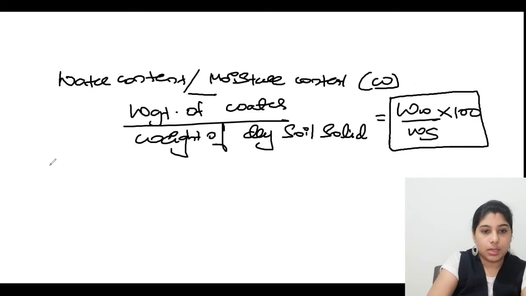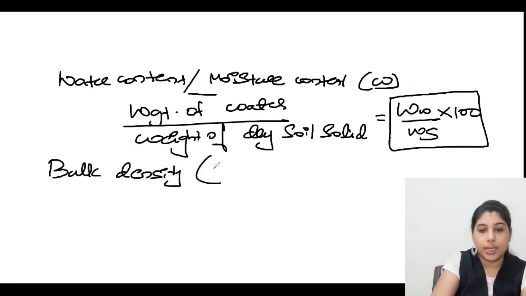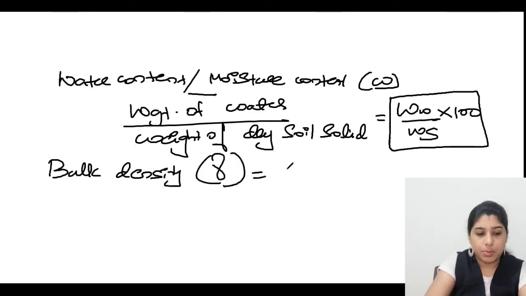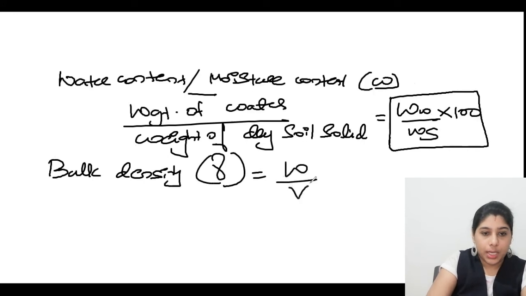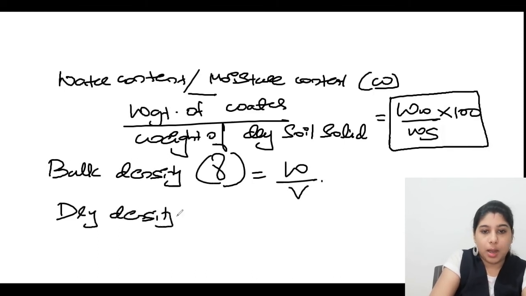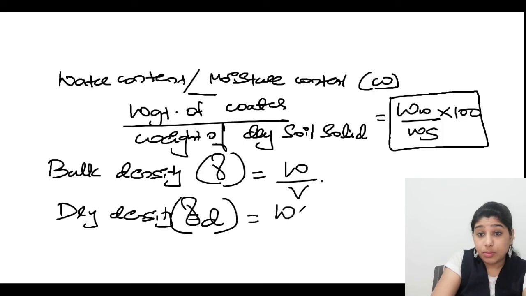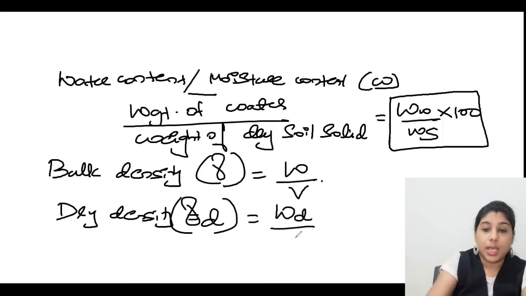Next one is bulk density. You know what is density? It is represented by gamma. Density is weight by volume. That is bulk density. If it is dry density, it will be gamma D, and it is weight of the dry soil solid by total volume.